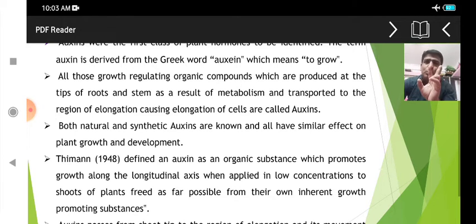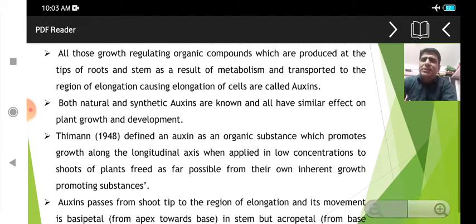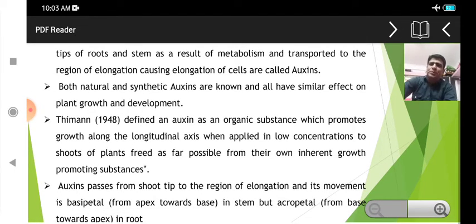These two conditions were proposed in Thimann's definition. The third condition is that these are inherent growth promoting substances, meaning plants have the inherent capability to synthesize these substances for their growth.